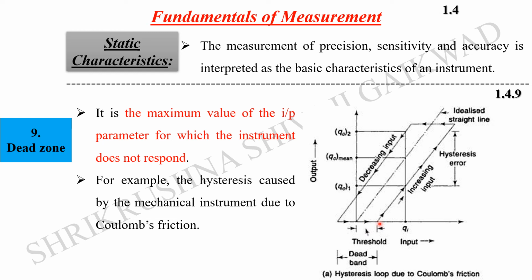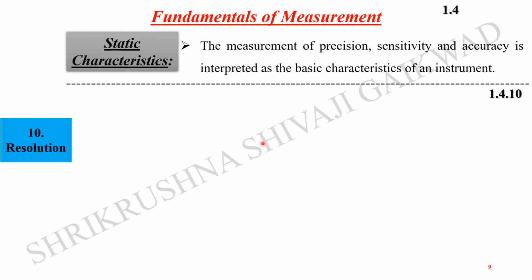It is showing 0 output even though a positive input is applied to the instrument. This is what we call a dead zone. So this region is called the dead zone for the input, and for the output as well. And the last characteristic is nothing but the resolution.